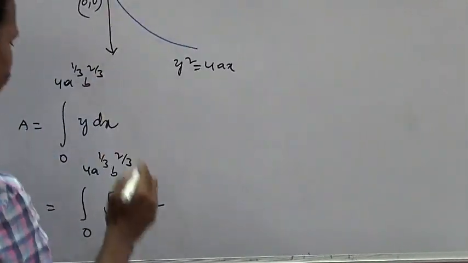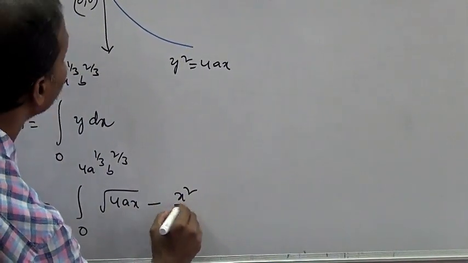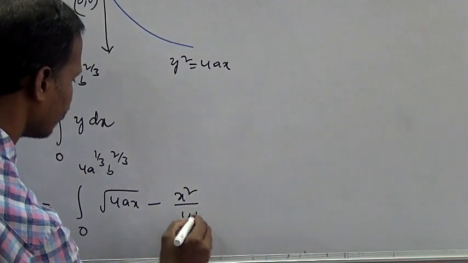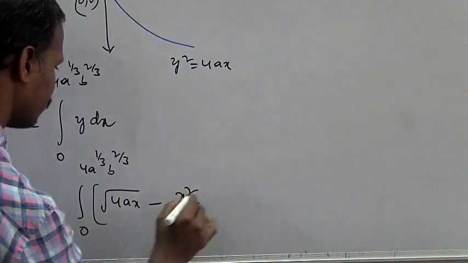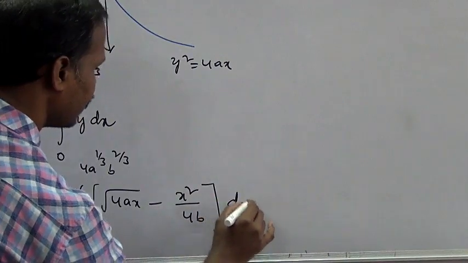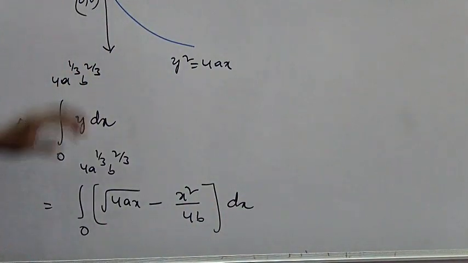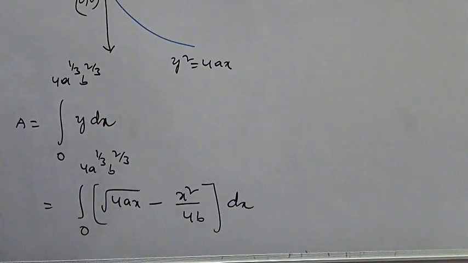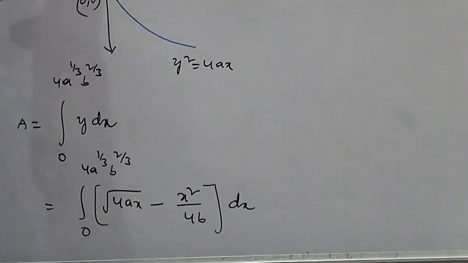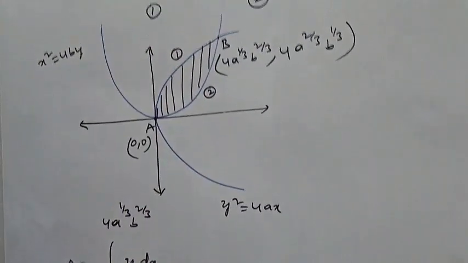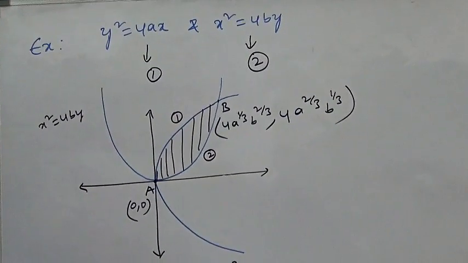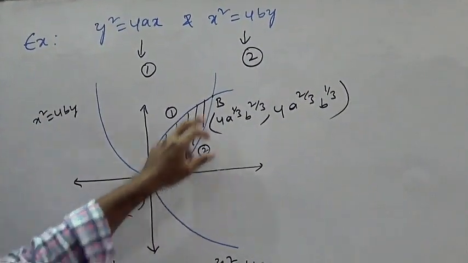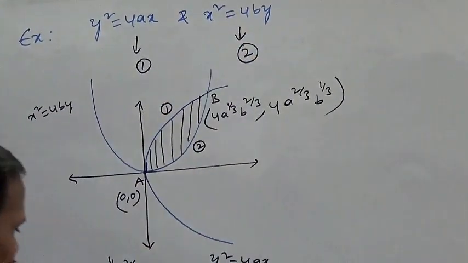From this, what is y? x square by 4b, dx. Understood? If you have any doubt, just put modulus without any confusion. So the above curve is y equal to the square root of 4ax, minus the below curve y equal to x square by 4b.